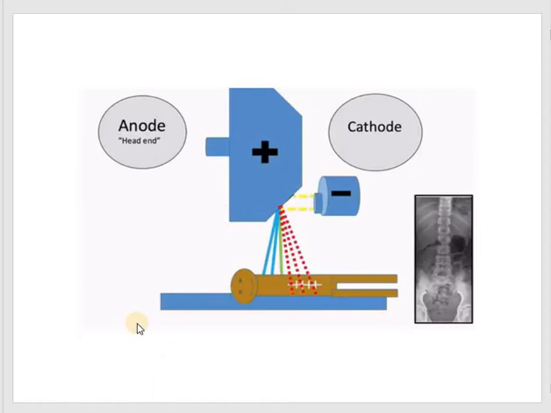How do we make use of the anode heel effect? When body parts of different thickness and density are being imaged, the heel effect can be used to its advantage by having the thicker part of the patient. So in this example, the photo does not represent a true human being.